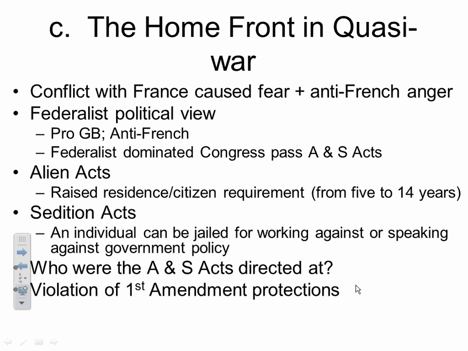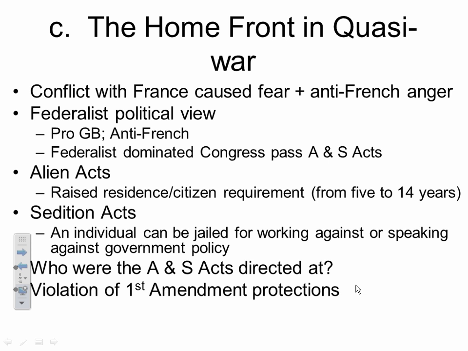And what ended up happening with these acts, you see the Alien Acts kind of defined how a foreign-born immigrant could become a citizen of the United States. So it extended the amount of time that they had to be residents before they could be citizens. Basically, this was being pointed towards anybody of French immigration. Since there was an anti-French sentiment, we wanted to keep French people immigrating to the United States from becoming citizens.